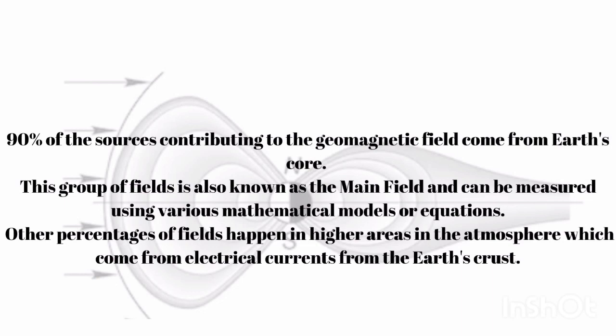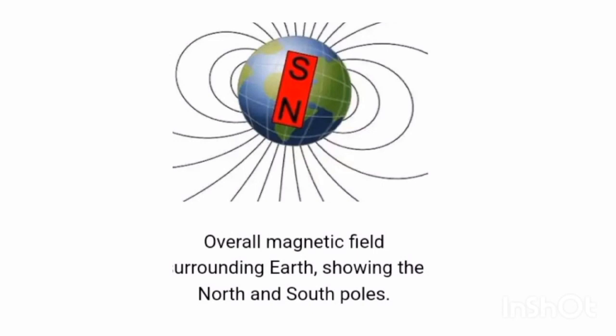Other percentage of fields happen in higher areas in the atmosphere, which come from electrical currents from the Earth's crust.